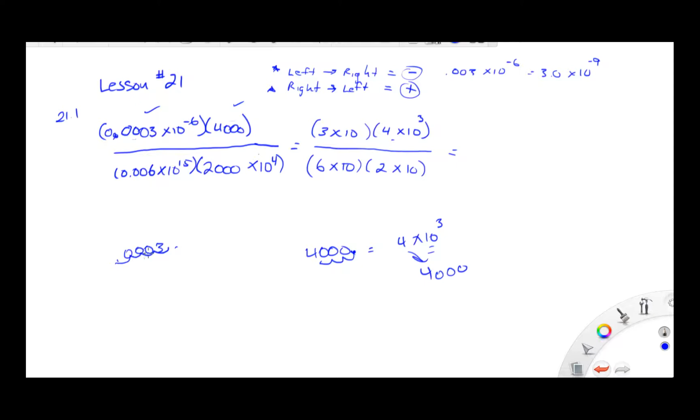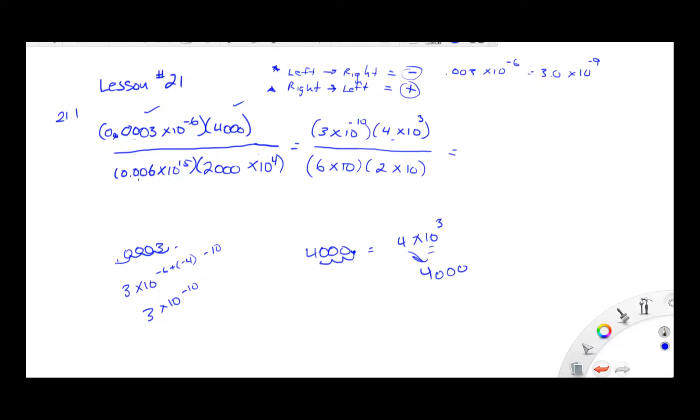So 1, 2, 3, 4, which means that we're going to say 3 times 10. We already had a negative 6, and then we're going to add another negative 4 to that, which yields a negative 10 total. So it's going to be 3 times 10 to the negative 10th power. Okay? So let's put a negative 10 up here.